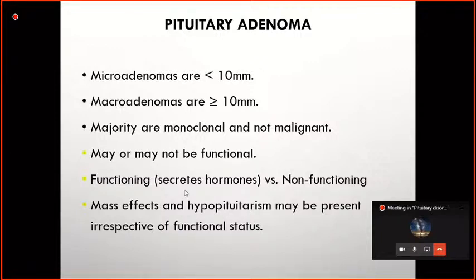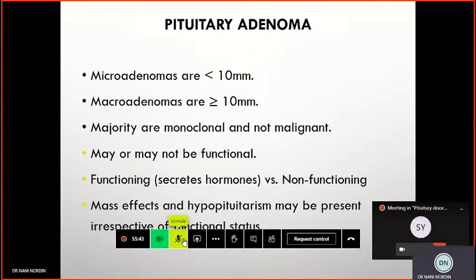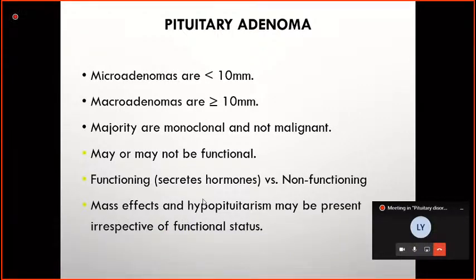So the majority of these adenomas are monoclonal. What does it mean when I say it's monoclonal? Yes, go ahead, Lee. Yes, so the majority, when it is functional, involve only one cell.